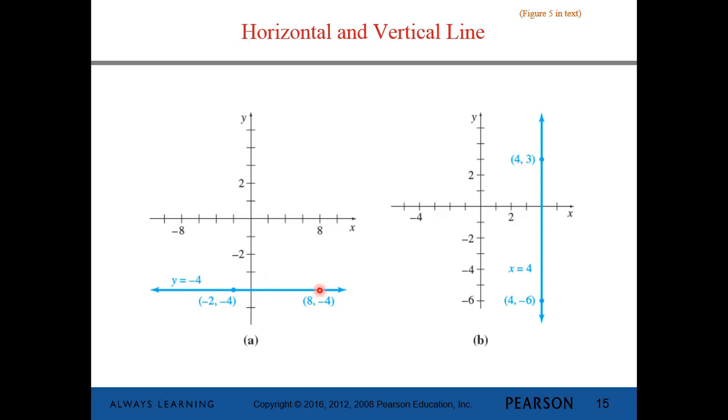And so the way we know that we have a horizontal line is two things. One, the slope is always 0, right? We talked about that before. Horizontal lines have a slope of 0, and their y-intercept is a constant, right? So y equals -4 is the y-intercept.